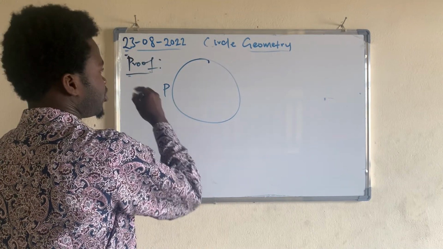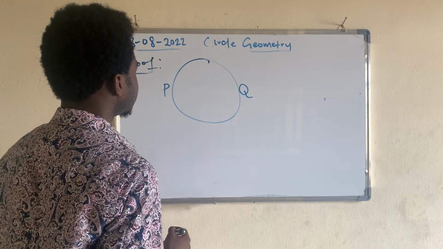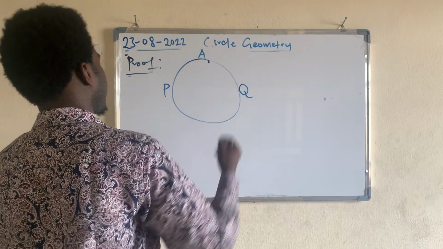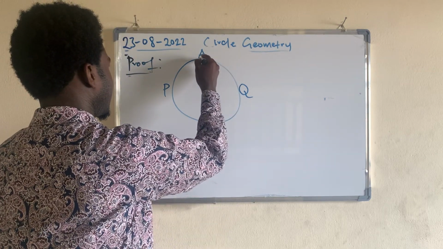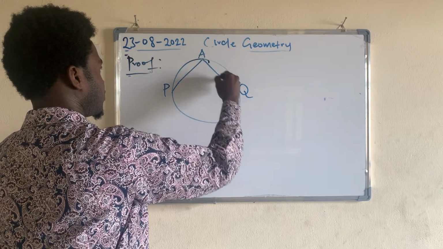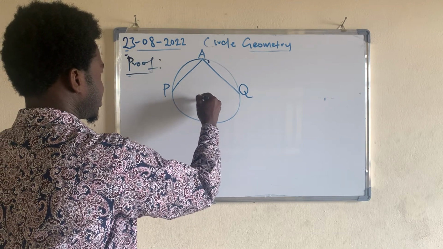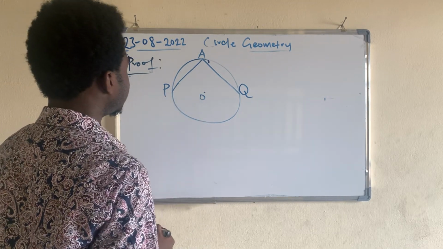Let this be point P on the circumference and point Q on the circumference. This is A. I have this chord comes this way to point B. I have another chord comes this way. So this center O at these points.